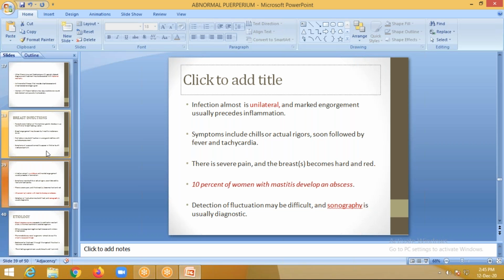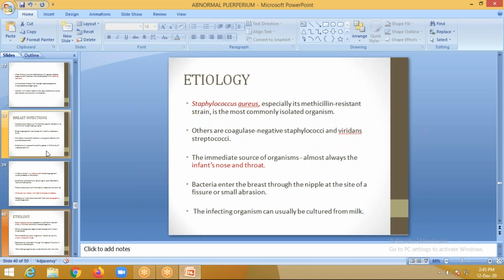Coming to etiology, Staphylococcus aureus is the most common causative organism. The immediate source of organisms is the infant's nose and throat. Bacteria enter the breast through the nipple at the site of a fissure or small abrasion. The infecting organisms can usually be cultured from the milk.